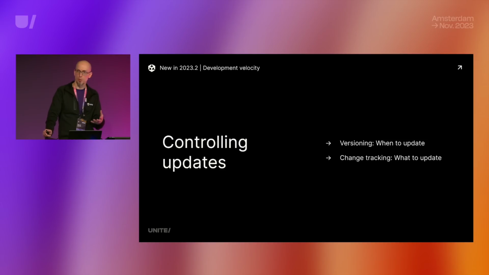So to increase performance, you can integrate both versioning and change tracking into a binding data source. And so you can tell the system what to update and also when to update it. These are optional features, but if you see bindings taking a lot of resources in the profiler, you may consider implementing them to minimize the processing overhead.